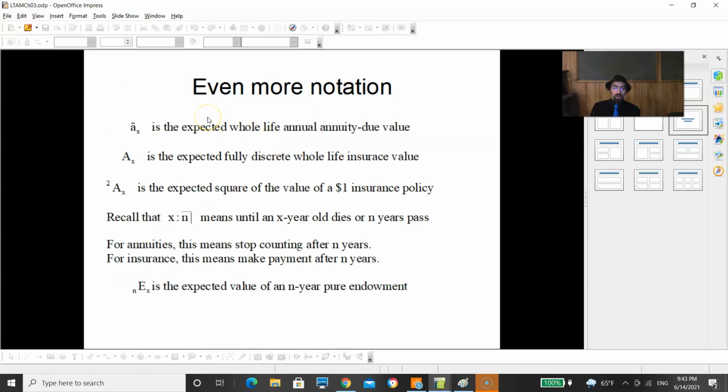Anyway, some more notation. A double dot x is the expected whole life annual annuity due value.